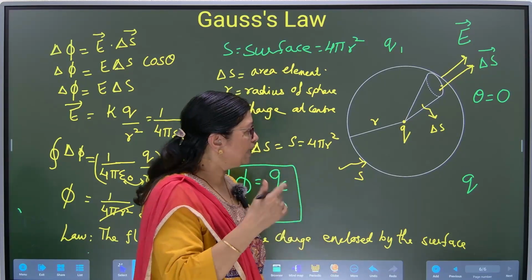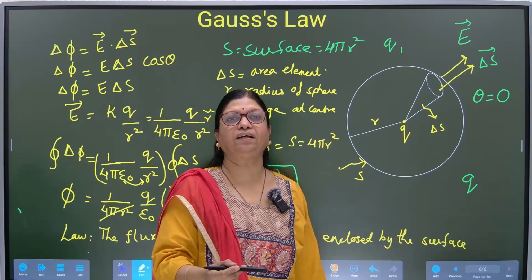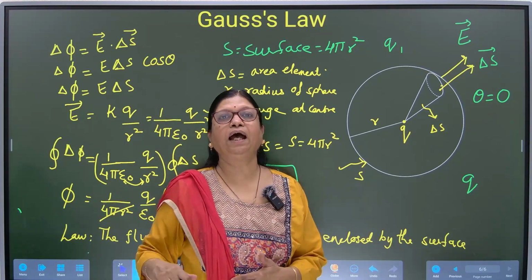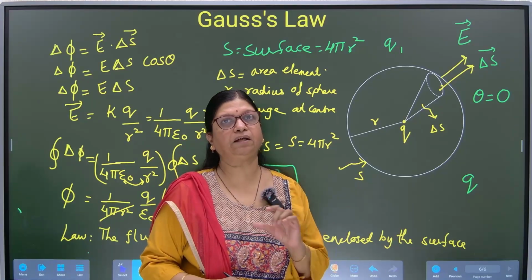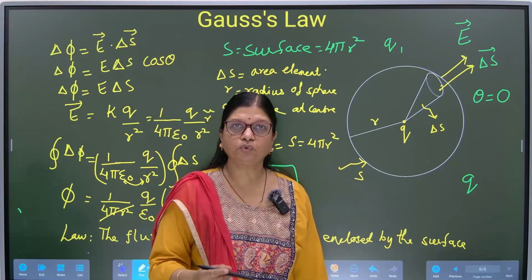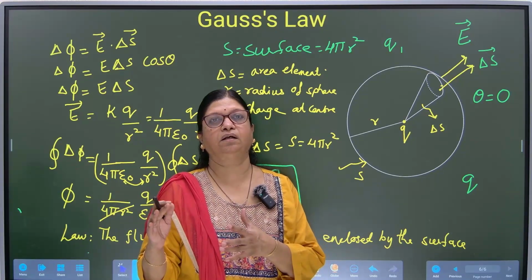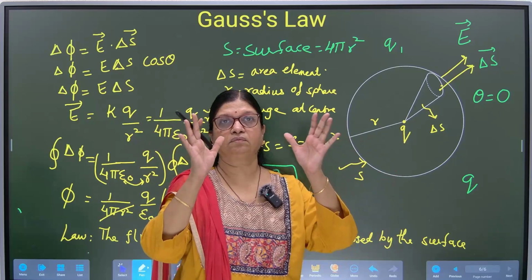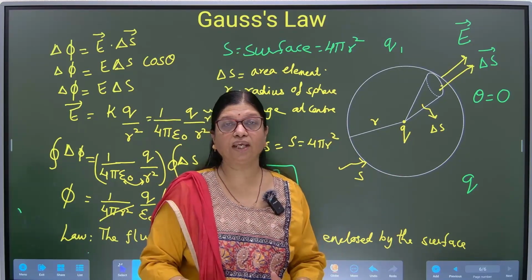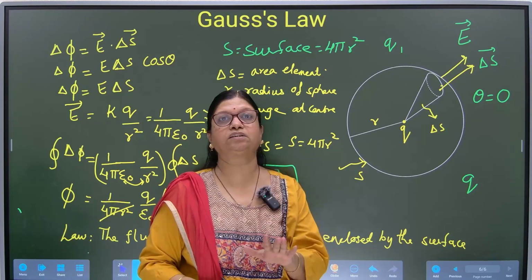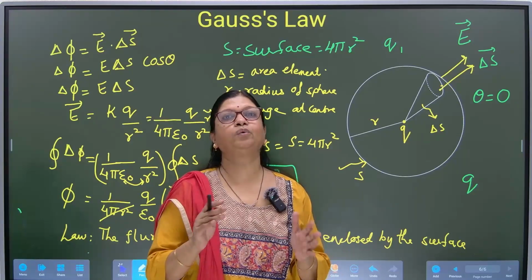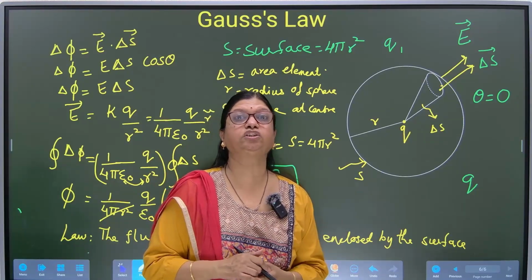Let us understand this with a few more examples. First, I shall move and you can take a pic of what I have taught you. Then I shall move to variations in the consideration of the net charge when you are considering Gauss's law. In Gauss's law, you are considering one imaginary surface around the charge, which is called the Gaussian surface.